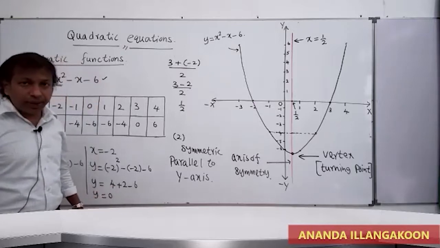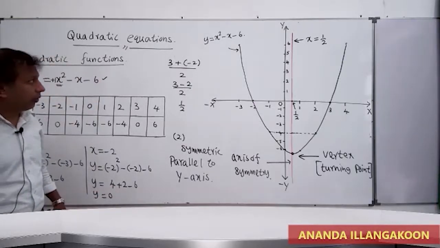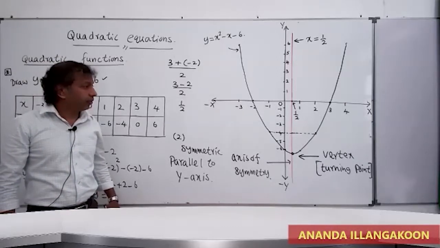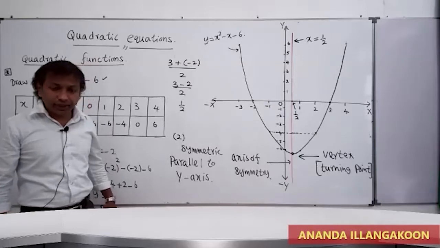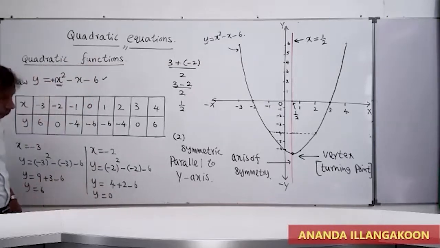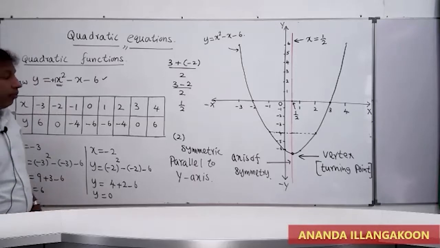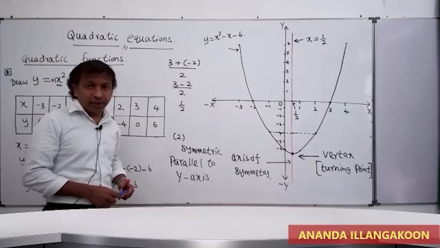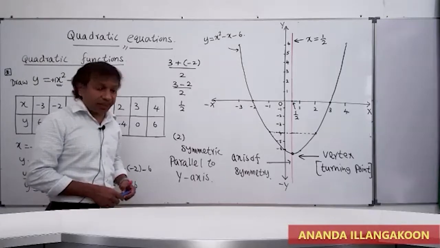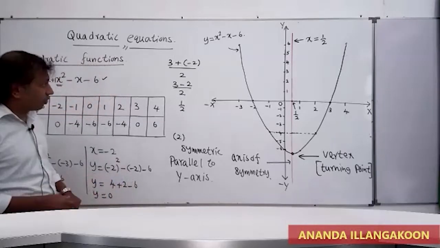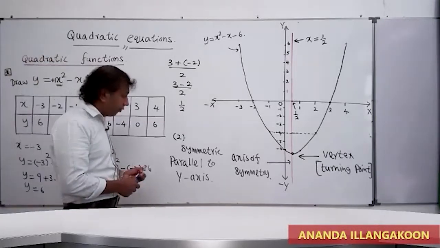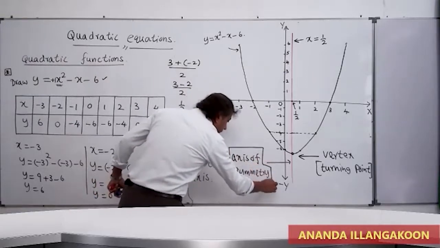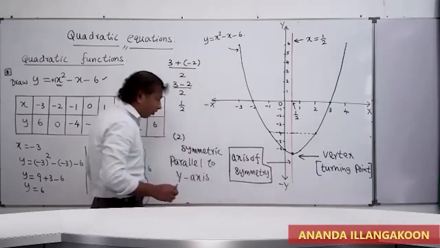This line is called the axis of symmetry.